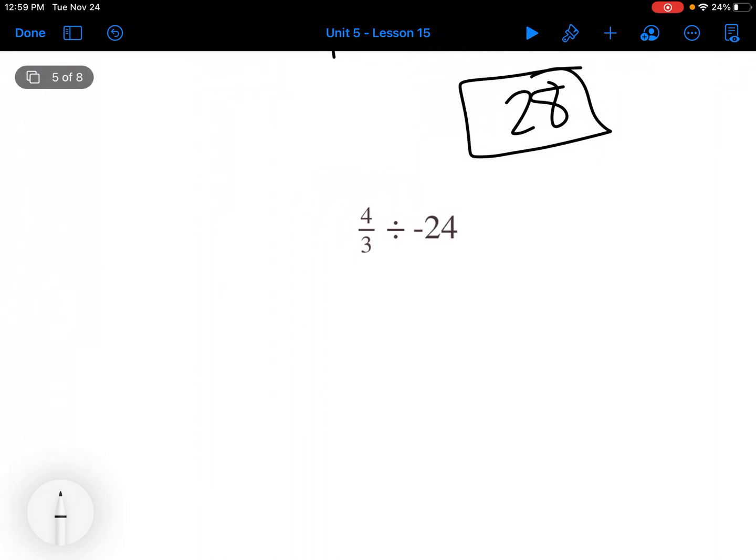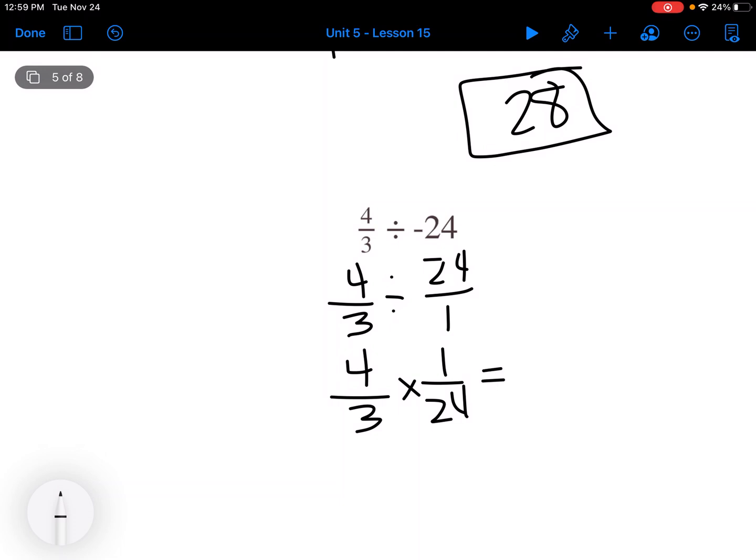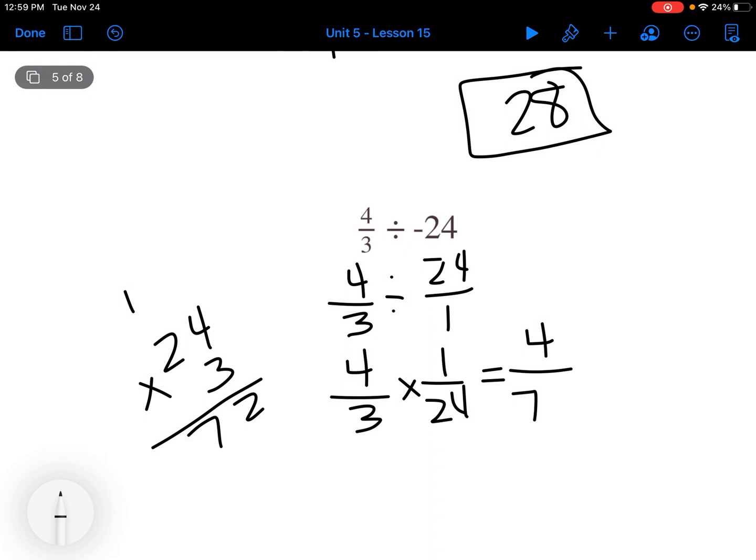All right, the last one. So we have 4 over 3 divided by 24 over 1. I'm rewriting it just to make it easier for you to see the keep, change, flip. So 4 over 3 times 1 over 24. So that leaves me with 4 over 24 times 3, 72.